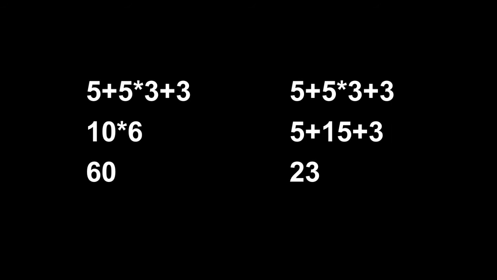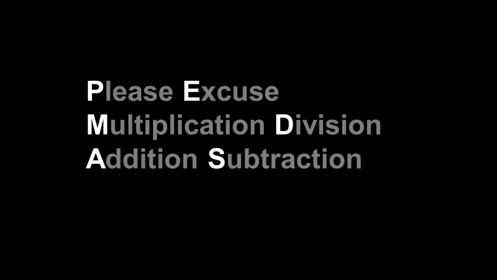It sees 5 times 3, gives me 15. Then it tries to add 15 to the 5 and the 3, and I get 23 instead of 60. So if I were going to try to do a calculation like that, I'd need to use my Please Excuse My Dear Aunt Sally thing in order to make this really work. So what is the Please part of Please Excuse My Dear Aunt Sally?